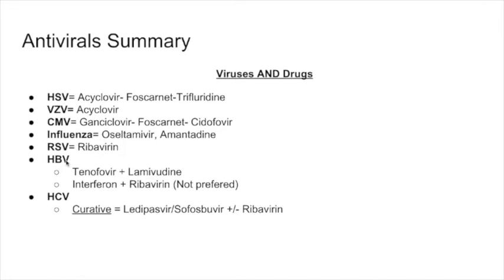For hepatitis B virus, you use two medications that we're going to talk about in the HIV section, tenofovir and lamivudine, or the second-line agent, which is not really preferred, interferon and ribavirin. For hepatitis C, curative is ledipasvir and sofosbuvir, plus or minus ribavirin. So this is just a summary of antivirals.